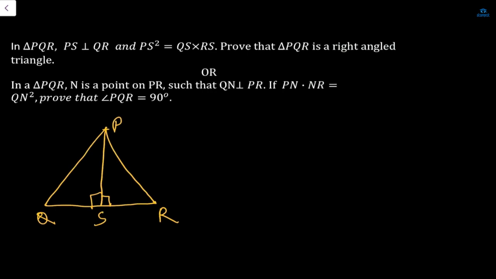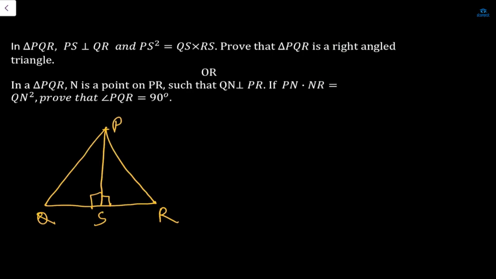In triangle PQR, PS is perpendicular to QR, and PS square is equal to QS multiplied by RS. Prove that triangle PQR is a right angle triangle. Now you have to prove that PQR is a right angle triangle, meaning one of the angles will be a right angle.